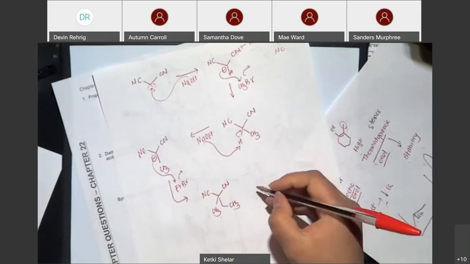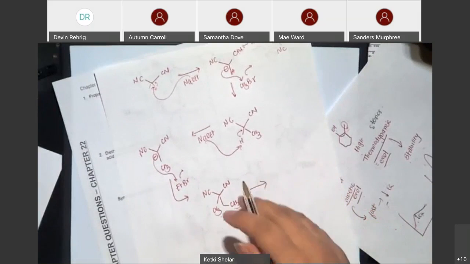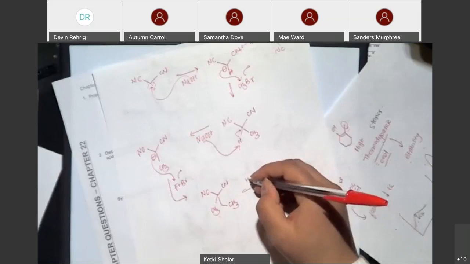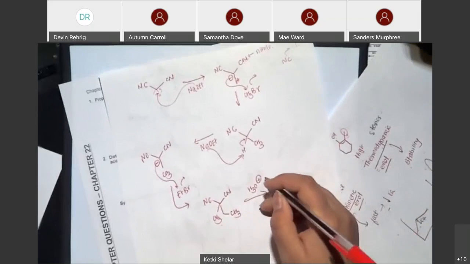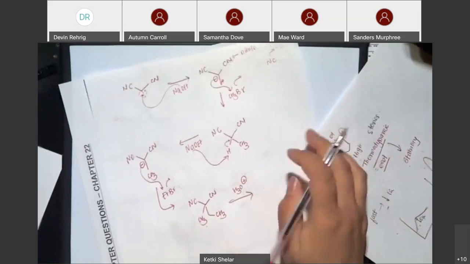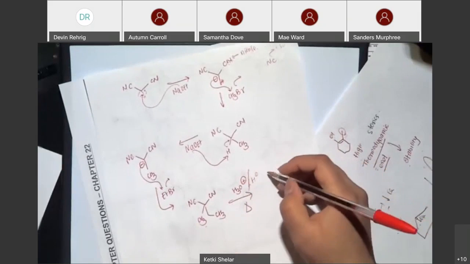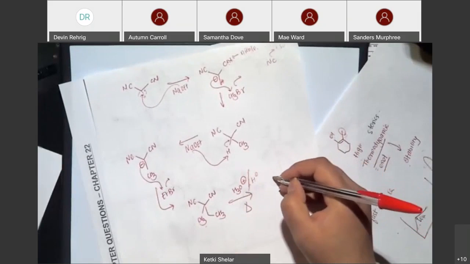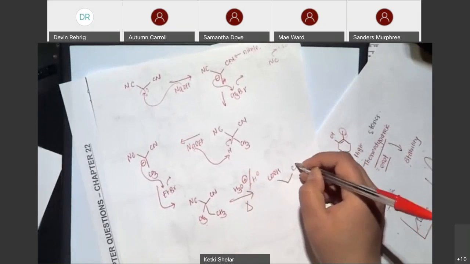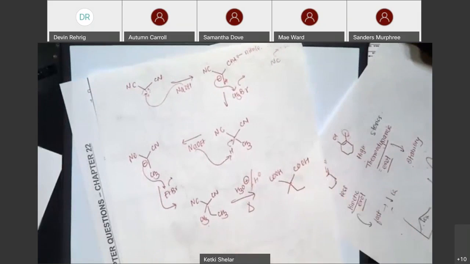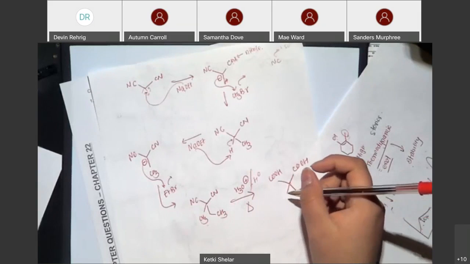After this is done, whenever there is nitrile and you add H3O plus, that is water, or any acid source, and heat it, the nitrile is going to convert into COOH. Like ester, whenever you have ester, you add H plus or H3O plus and heat it, it's always going to form an acid, but not with ketone.